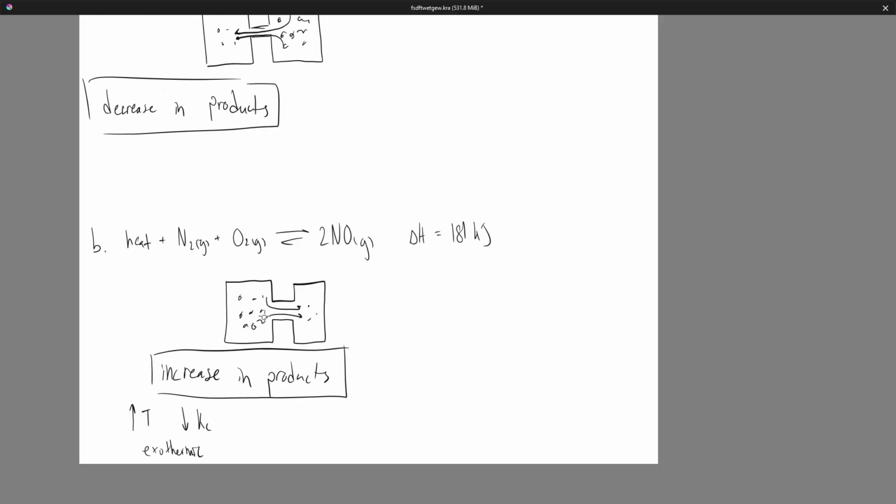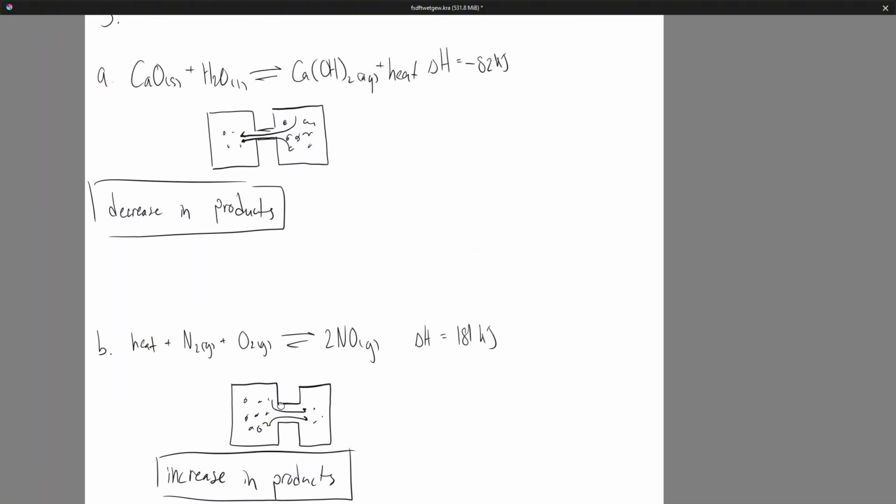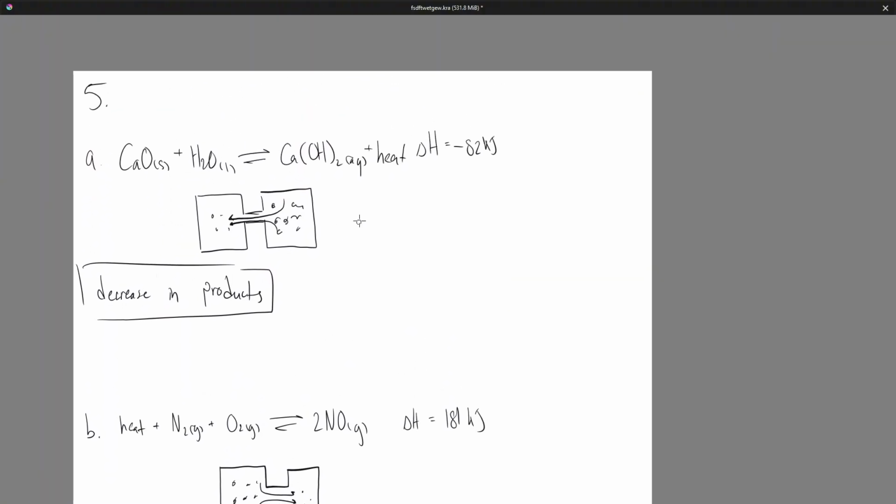It kind of mirrors what I put here. Since we're increasing the temperature, our Kc is dropping, which means we're making more reactants and having fewer products.